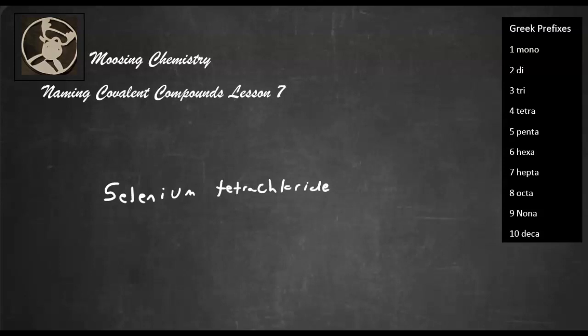All right, so selenium, of course, the element symbol for selenium is Se. See that tetra right there? That means 4. So we have Se. Chlorine is Cl. Since we have a 4 for tetra, we're going to put a 4 right there. And that's how you do it.